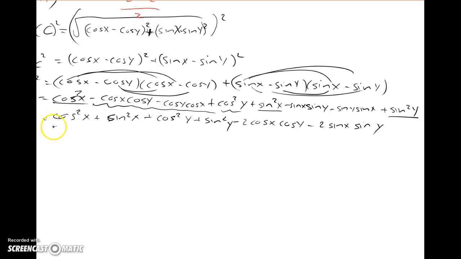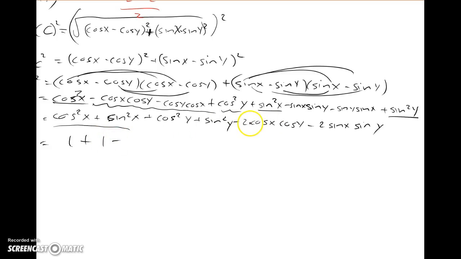Okay, so cos squared x plus sin squared x. Pause this now and think, what does that give you? Look at your identities. I'm just going to carry on. It equals 1, and cos squared y plus sin squared y is 1 as well.